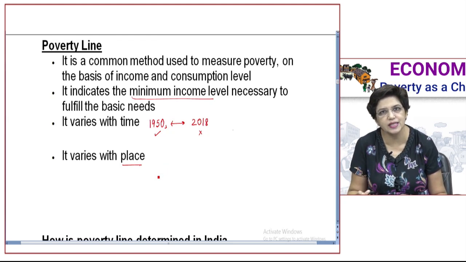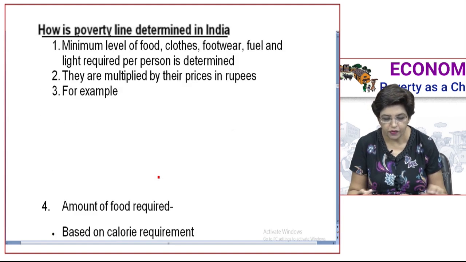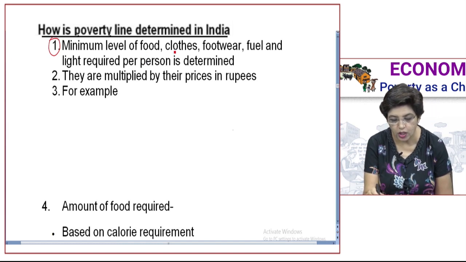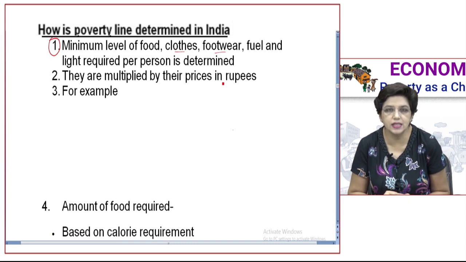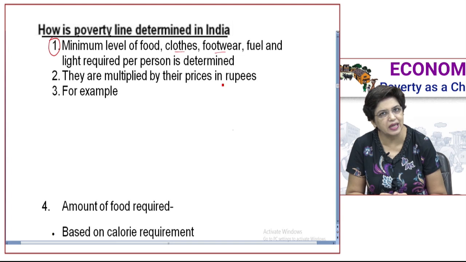So now let us understand how the poverty line is determined in India. First of all, the first step is that the minimum level of food, clothes, footwear, fuel and light required per person is determined. These are certain essential items, like a person needs food, a set of clothes or footwear, fuel to prepare food, light, medical requirements.